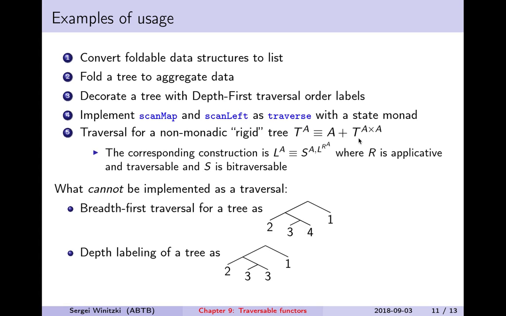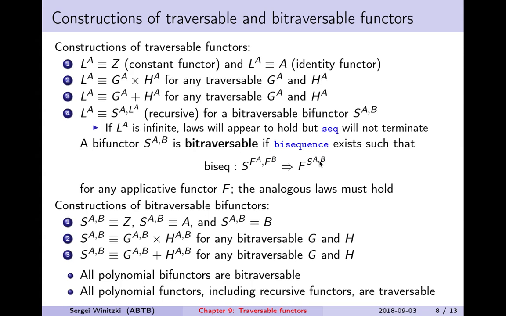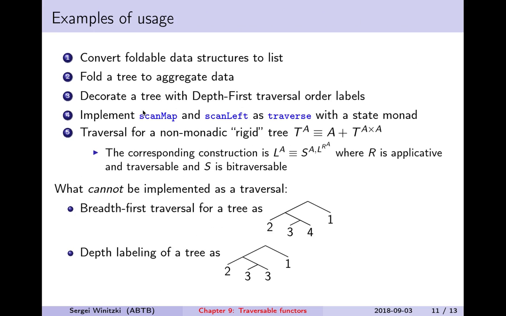Note we don't have a construction. Well, I did not write down the construction that can generalize this tree. This kind of construction could be generalized like this, where you have a recursive equation with some bifunctor S, and the second type parameter of the bifunctor S is not just L A, as it was previously, but it's L of some R A, where R is another functor.